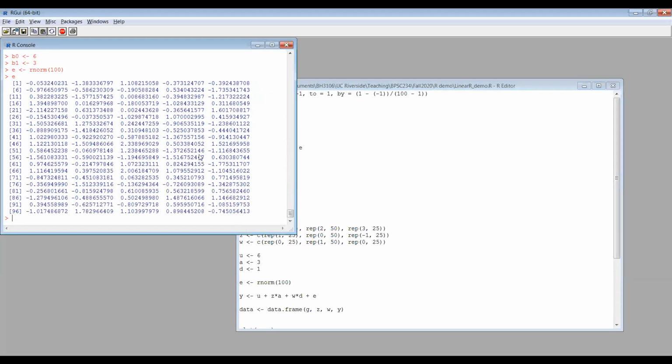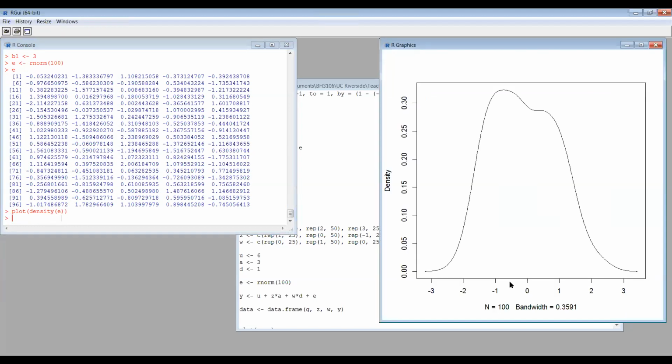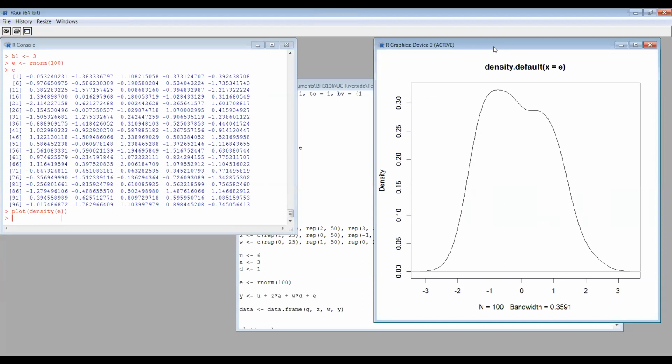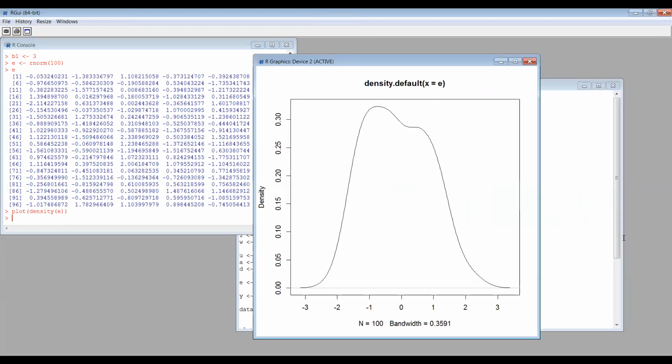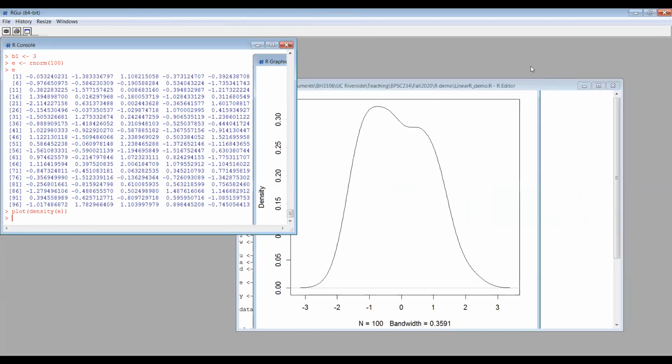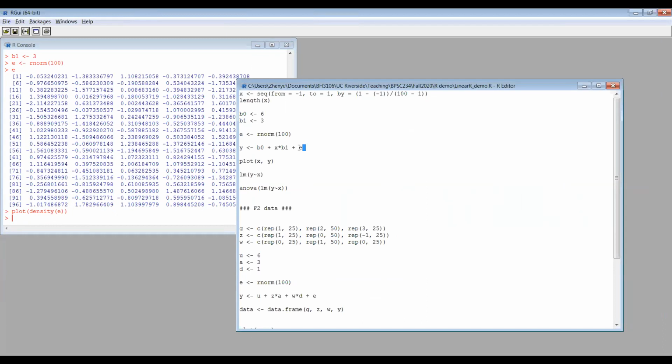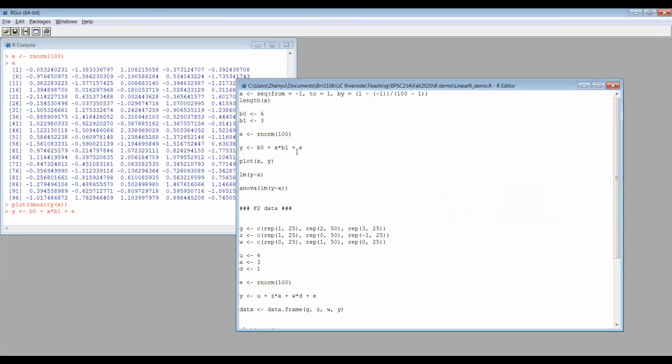So what is E? E looks like this. If you plot the density of E, you're going to see it's roughly normally distributed, right? Yeah, that's a normal distribution. Okay, now you combine these things together. Can anyone tell me what this is? If we do this, what is this?